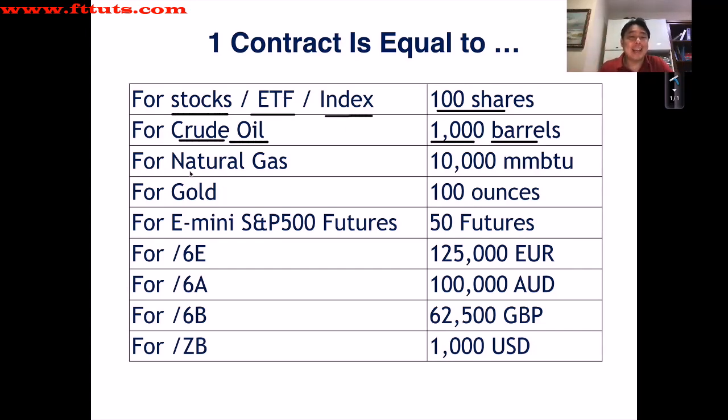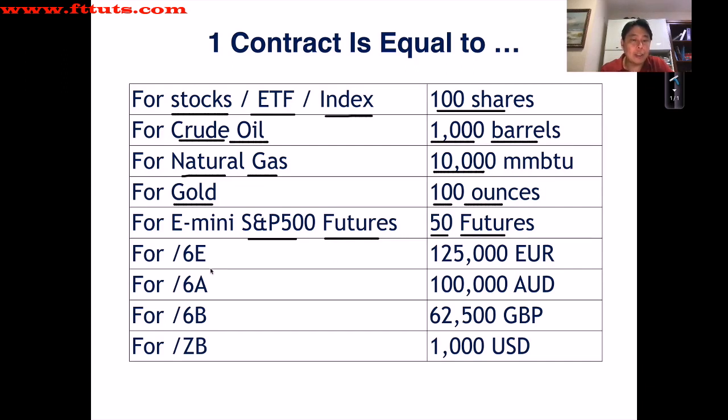Okay. Next, natural gas, one contract is 10,000 MMBTUs. You'll learn more about that later on. For gold, one contract would be 100 ounces. For S&P futures, you can trade the S&P 500 itself or the futures contract, which is known as the E-minis, and for that one contract will be 50 futures.